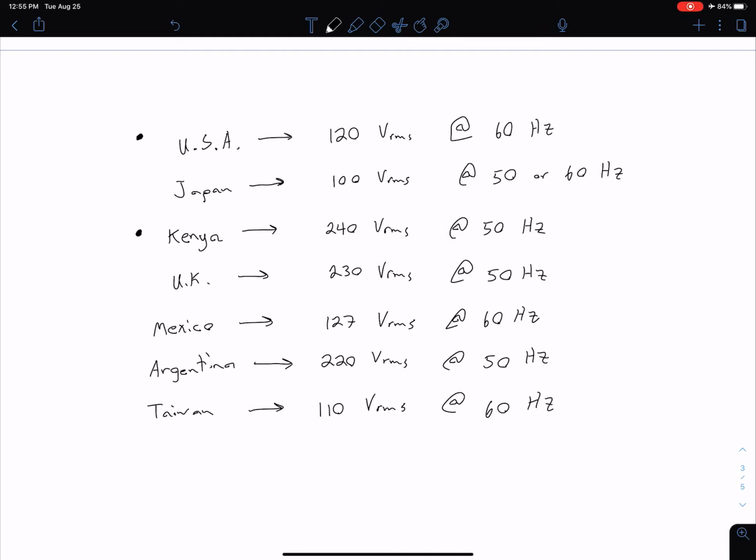So it could be a big difference whether you're designing a power supply to work in the US versus in Kenya. Maybe you design a universal power supply that could work anywhere, but that's going to be more complicated and generally more expensive than if you're designing it to work in one given place.